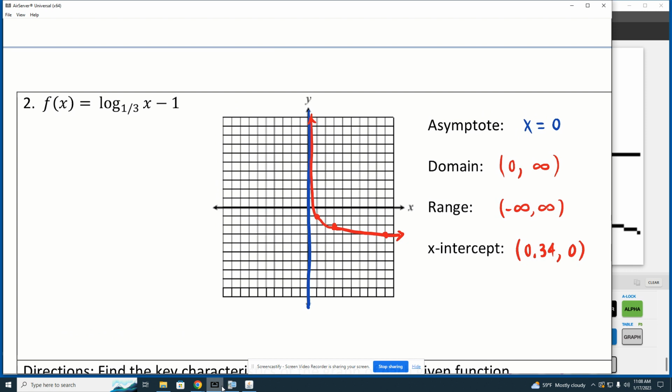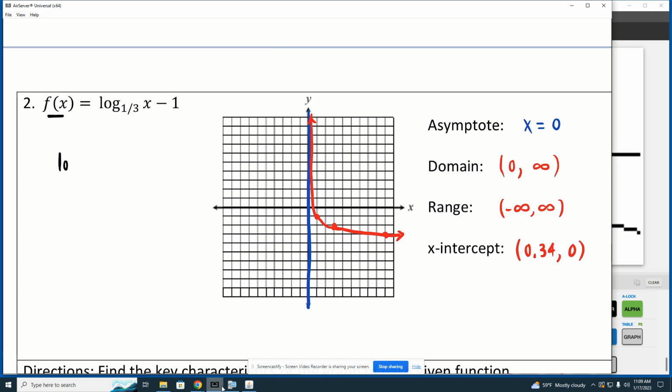Y equals 0. Correct? At every x-intercept, y equals 0. Guys, what does f of x stand for? Y. So how could I find my x-intercept if my graphing calculator doesn't tell it to me? I could set this equal to 0 and solve.